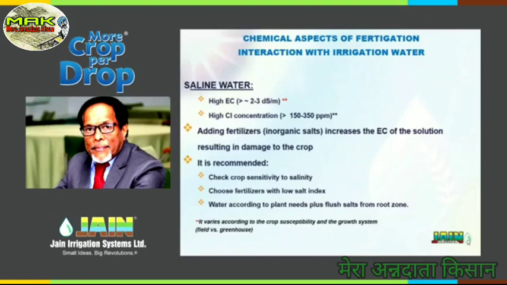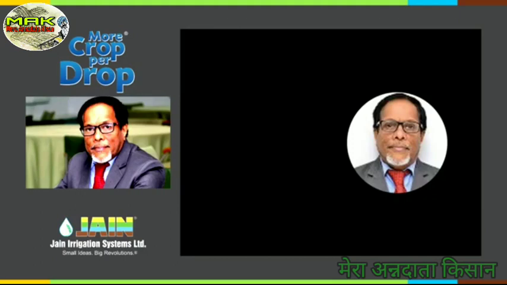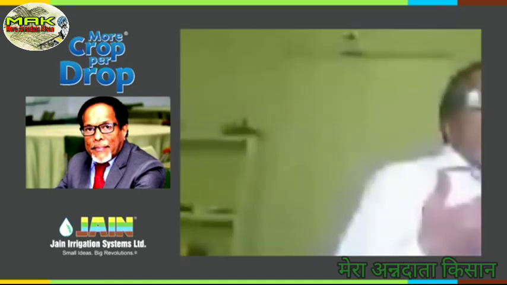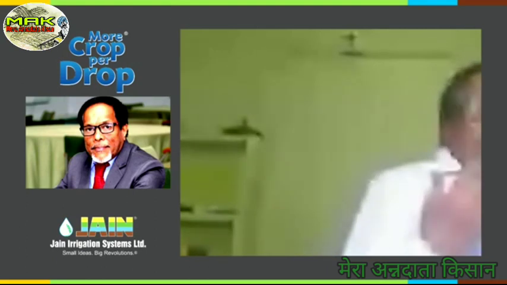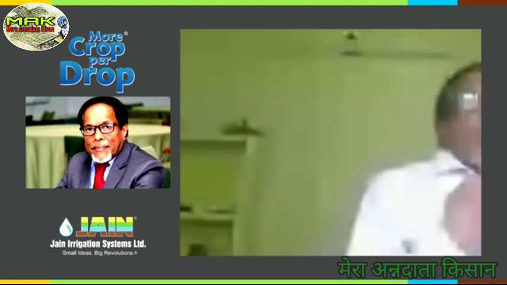That's the principle. And then another thing, you water according to plant needs, and also periodically flush the salts out of the system. This has been done in many of the saline cultivation areas. Now, crop susceptibility to salinity: in the field, soil is a huge buffering agent. Any excess, the soil has an ability to absorb and keep away from the plant.